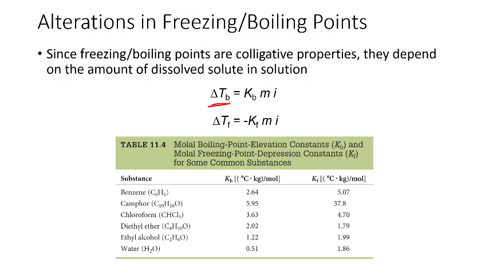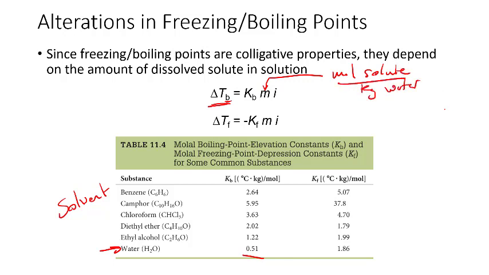Lowercase b means boiling. So you look up whatever solvent you're dealing with. For aqueous solution, we're dealing with water. So the change in boiling point temperature is equal to Kb for water times lowercase m, which is our molality, moles of solute over kilograms of water, times our Van't Hoff factor i.